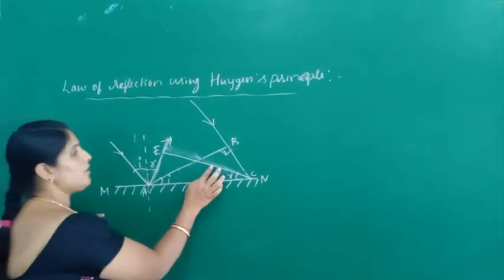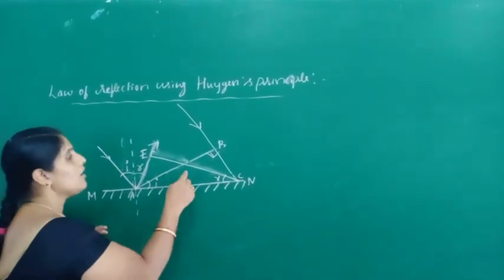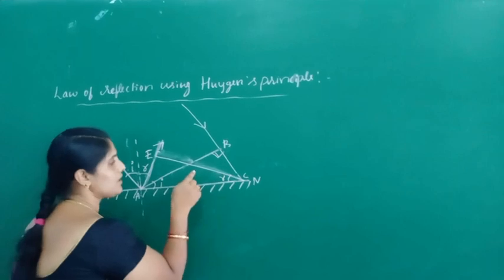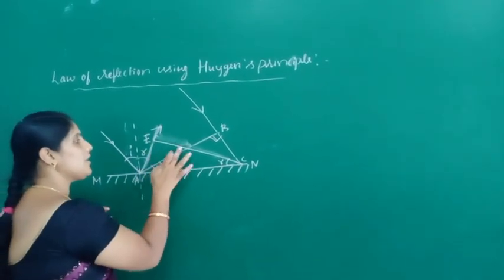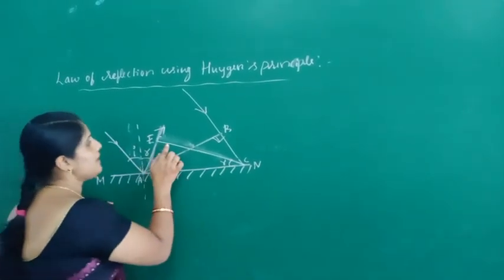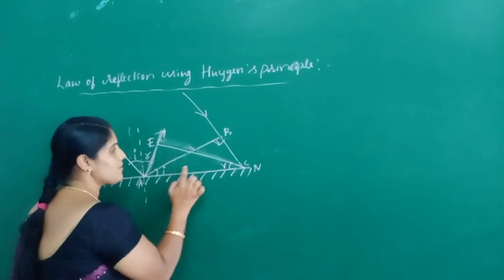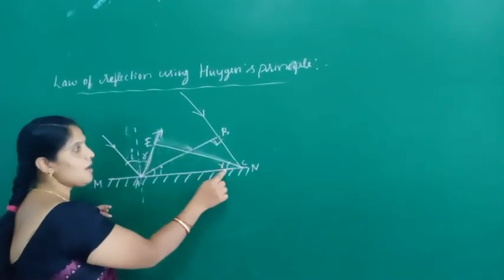So we draw according to Huygens' first principle. When the plane wavefront is incident on the reflecting surface, what happens? Each point on the wavefront is the source of secondary disturbance called secondary wavelets. That means small waves are formed here. Suppose we draw a common tangent for this, we will get a plane wavefront.